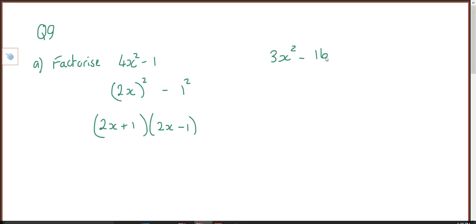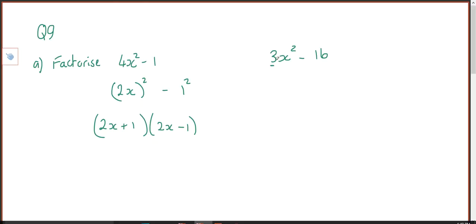This one does not factorise, and it is not the difference of 2 squares because 3 is not a square number. They're never going to give you that because they're not allowed to give you a question that says factorise this if you can't factorise this. They would say factorise this if possible, but they just tell you to factorise.